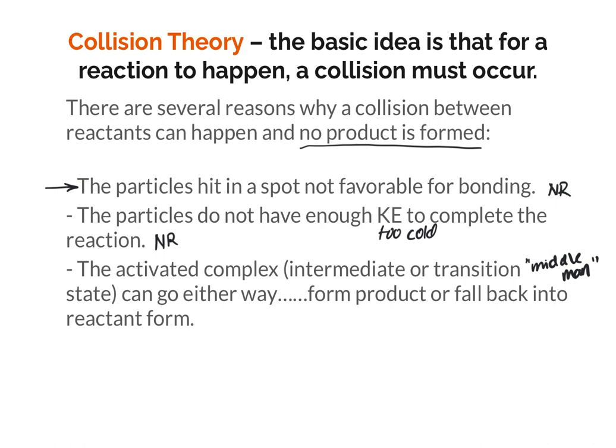But when it's in this activated complex phase, this intermediary between our reactants and our products, it could turn back into a reactant or fall forward and turn into a product. So if that's happening, we might have no reaction. Just because I mix two chemicals together doesn't mean I'm always going to react them. There have to be certain conditions in place.